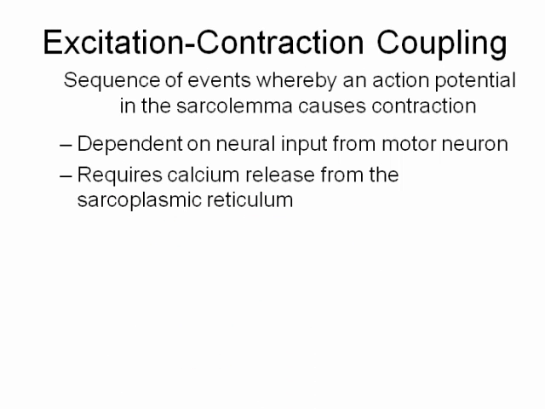Now, we've been talking about muscle contraction. How does this happen? Well, we refer to it as excitation-contraction coupling. Now, in a previous lecture on synaptic transmission, we talked about synaptic transmission at the neuromuscular junction.